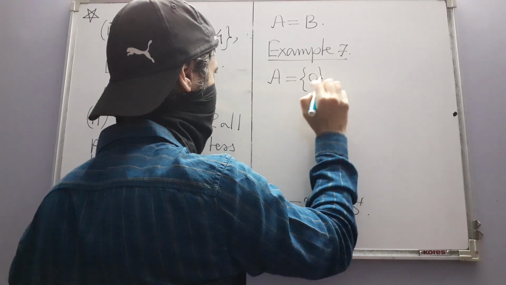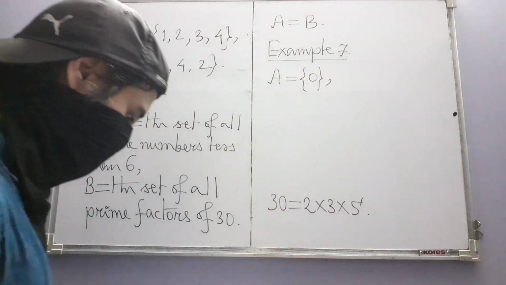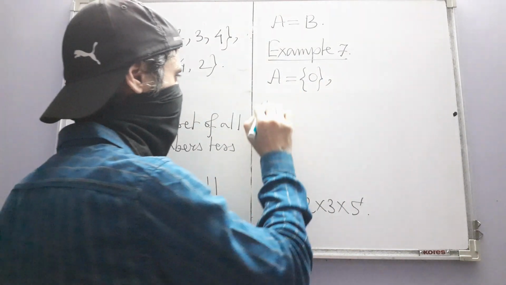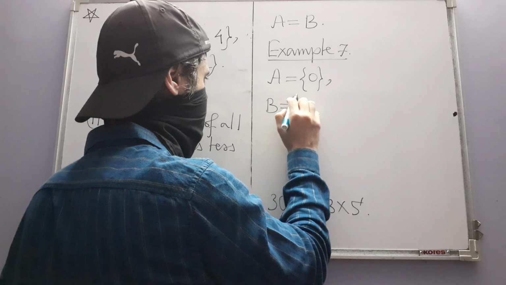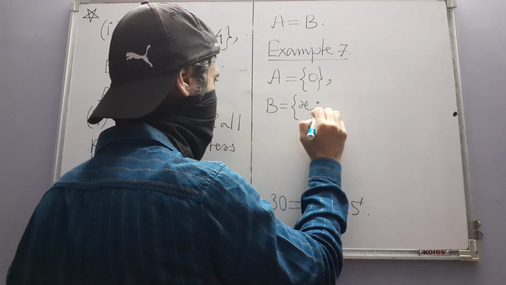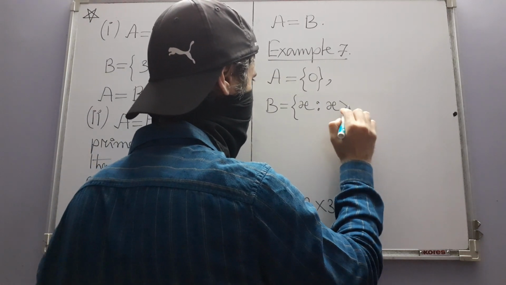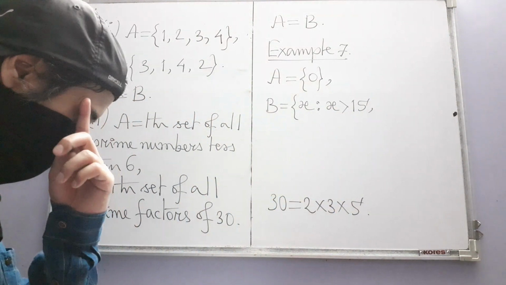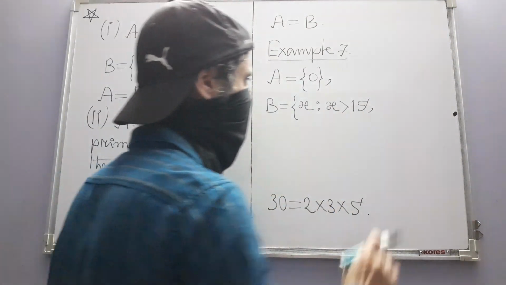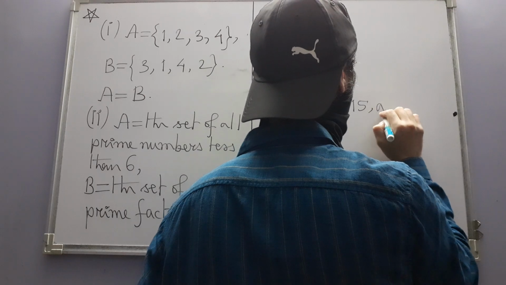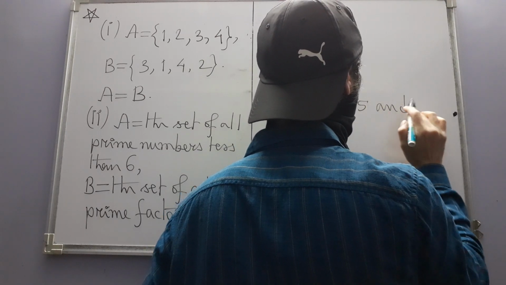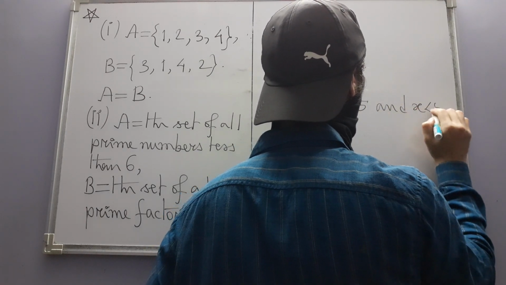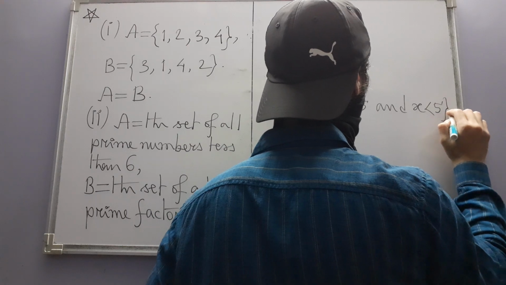The first one is this A, and then we have B, the set of x such that x is greater than 15 and at the same time x is less than 5.